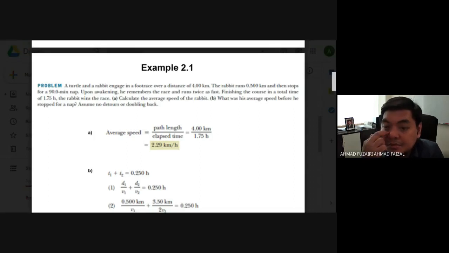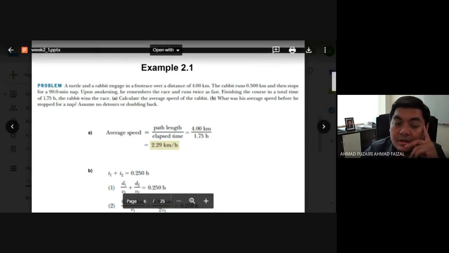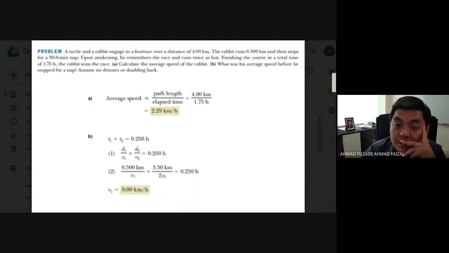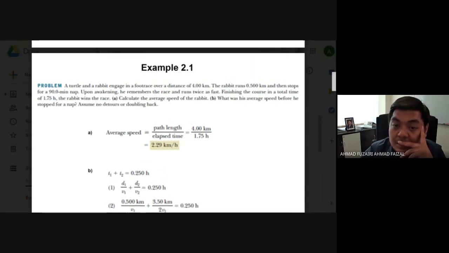So the average speed of the rabbit is the total length over the total time elapsed by the rabbit. Using the information given, 4 kilometers divided by 1.75 hours is 2.29 kilometers per hour.